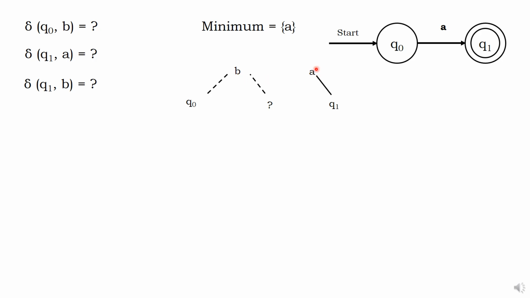Now, read the total string. If the string is accepted, what is the string? BA: first letter B, next letter A. Definitely BA is accepted because the minimum requirement is A. If it is accepted, for this A, who is next and who is before? For this A, next is Q1 and before is Q0.